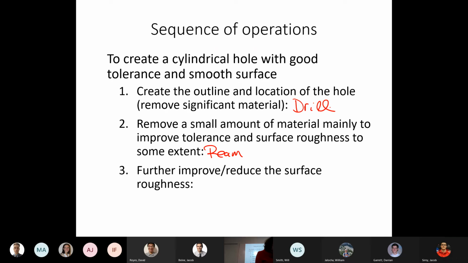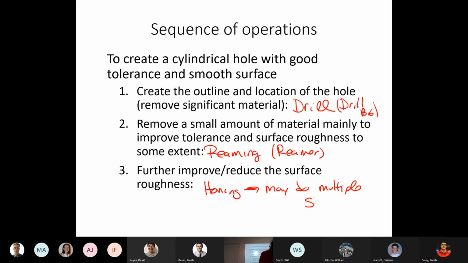So we use a drill bit, then a reamer, and then our final process would be honing, and we may do multiple steps here in order to get a finer and finer surface.